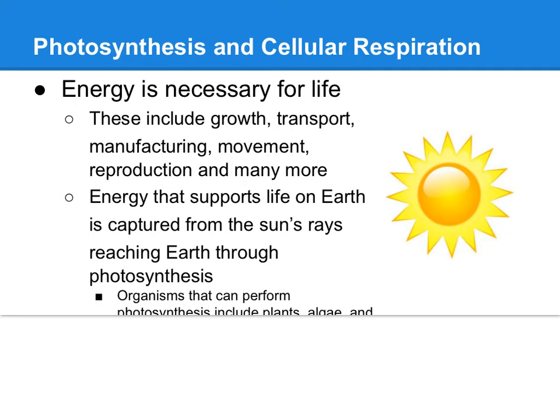Basically all of our energy is coming from the sun, and this is captured in the organisms on Earth through photosynthesis. All of our plants and algae and other things that can undergo photosynthesis are actually the organisms getting the energy from space and putting it to our use.